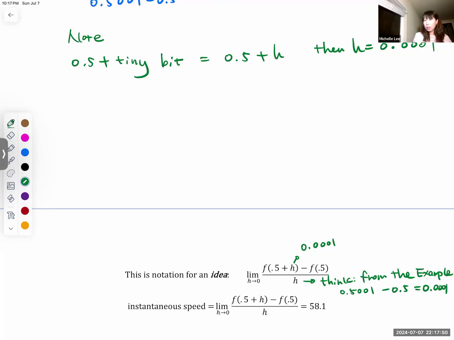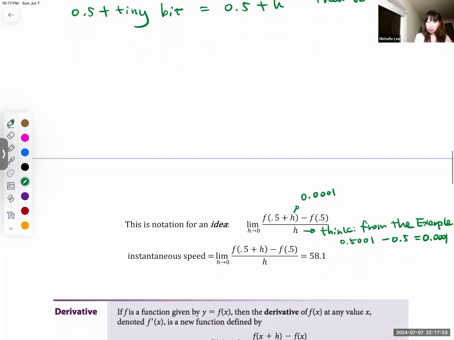We take the limit. So this notation is a limit.